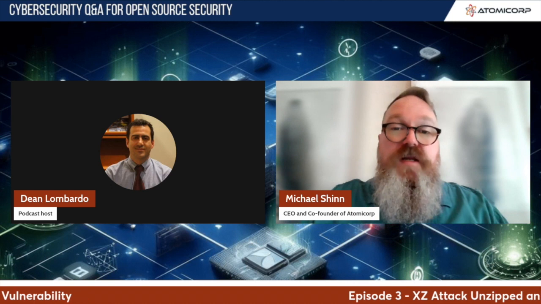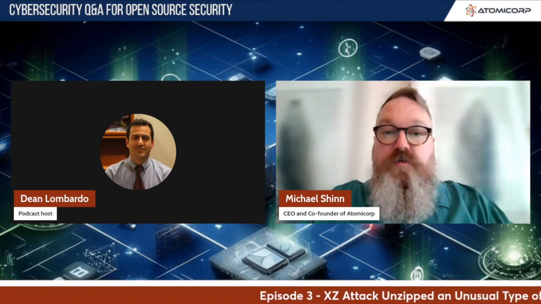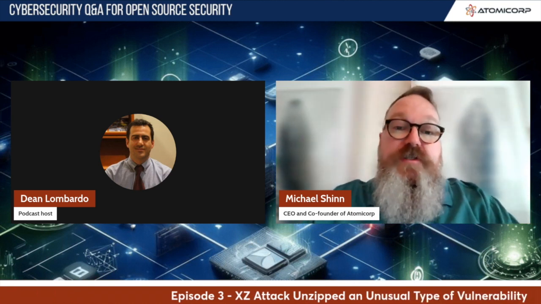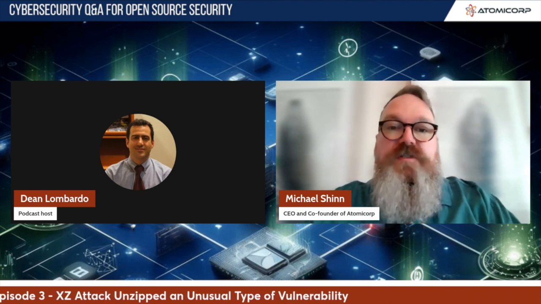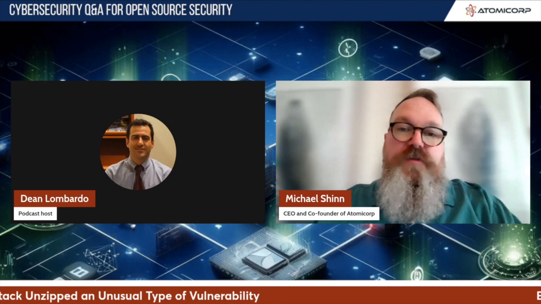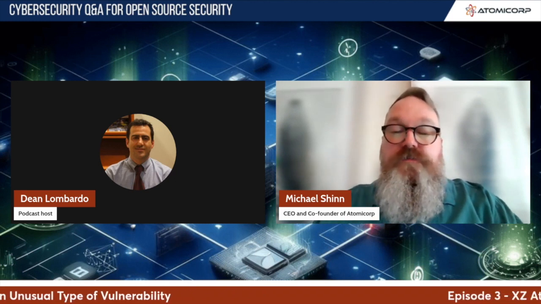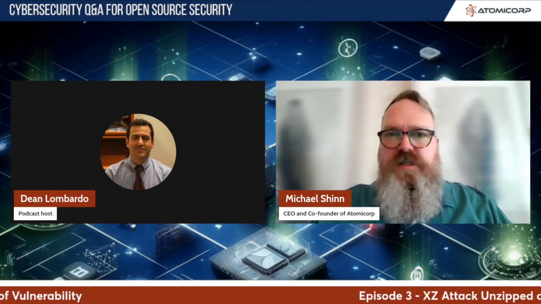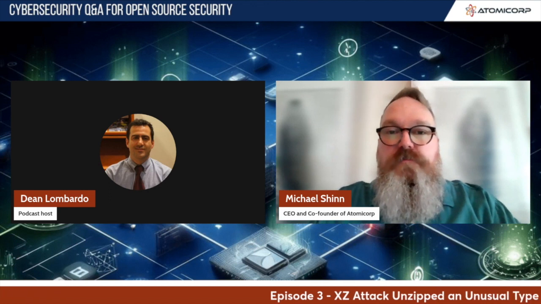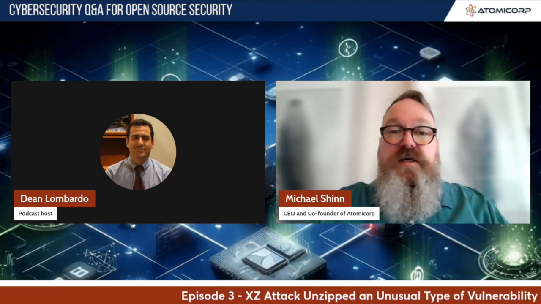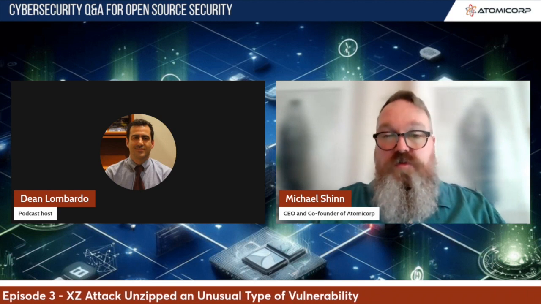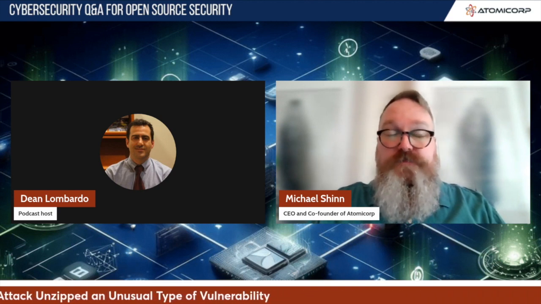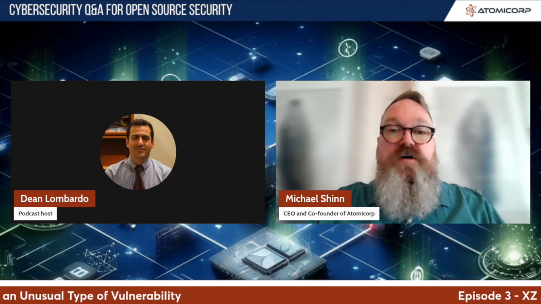So an even more sophisticated attack, right? It wasn't a supply chain attack on the remote access software. It was a supply chain attack on another library that is used in lots of different things in the system, but was able to specifically affect SSHD, or what's called secure shell. That's its name. Yep. Remote access software.